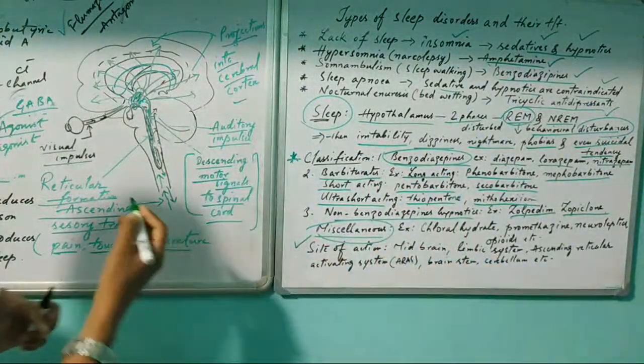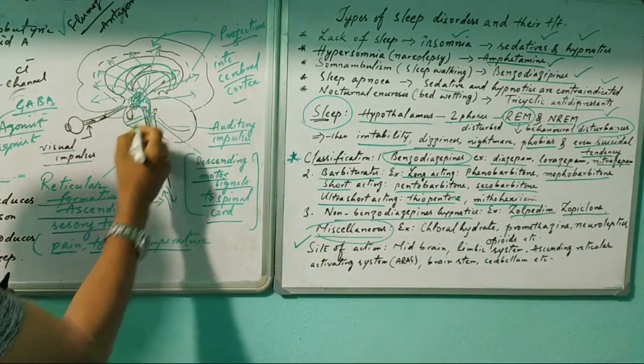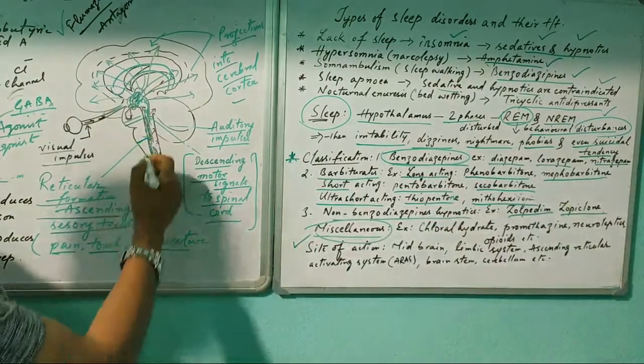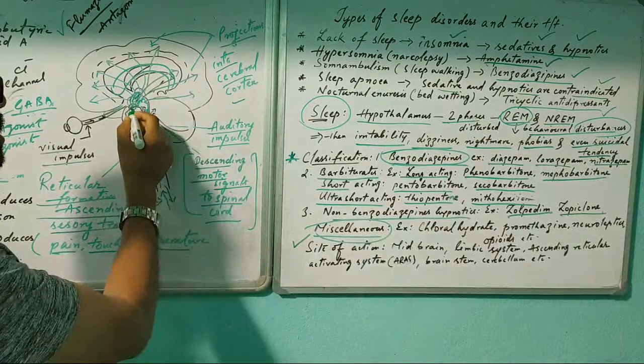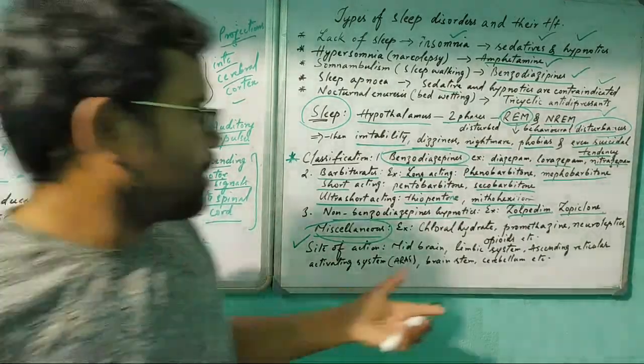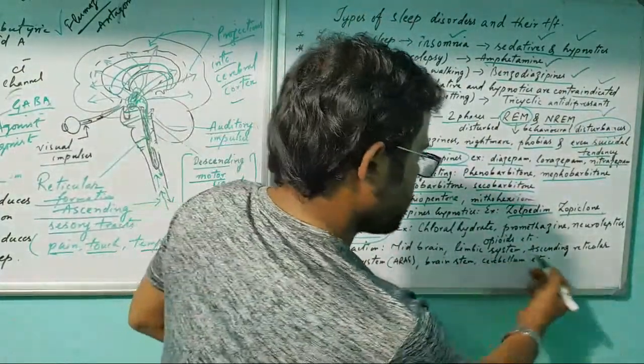Midbrain, what is the midbrain? I already told you here. Midbrain here, then pons, then medulla oblongata. Then the limbic system I told you.